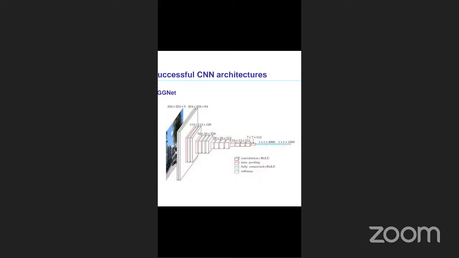Again, followed by reduction to 56 by 56. Finally, you can see here, the last layer will be 1 by 1000, which will be fed to the trained neural network, which will recognize and identify the feature.